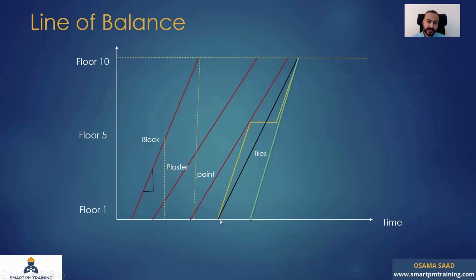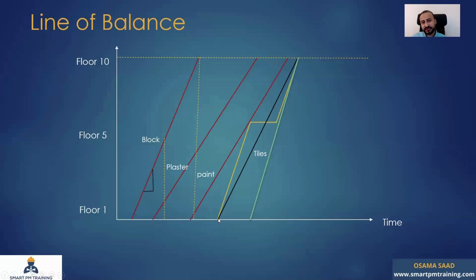So let's assume that I'm starting the tiles on the same date. For example, in your project, as per your preference, you want to start the tiles 2 weeks after paint. Maybe you want that, so you want to minimize the risk of delay. So I'm going to keep 2 weeks here under the time axis, then I'm going to start the tiles.